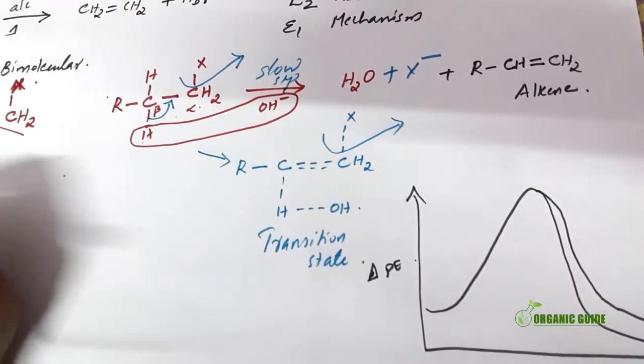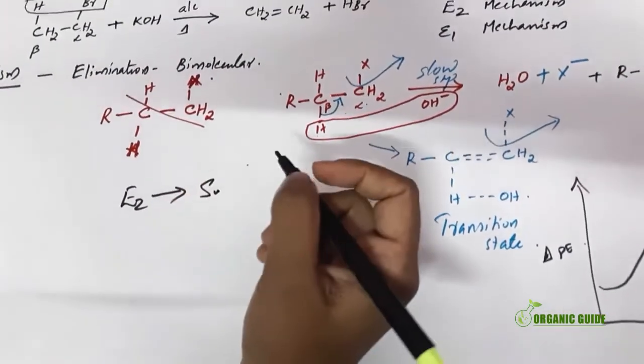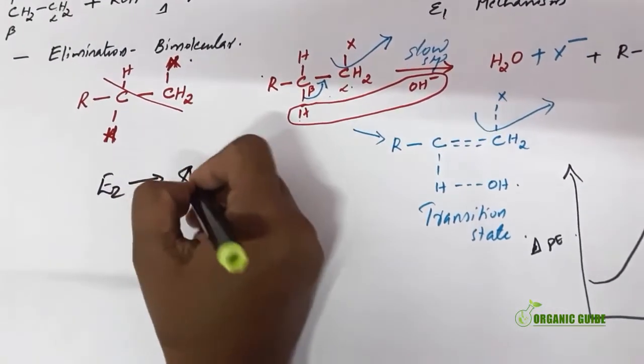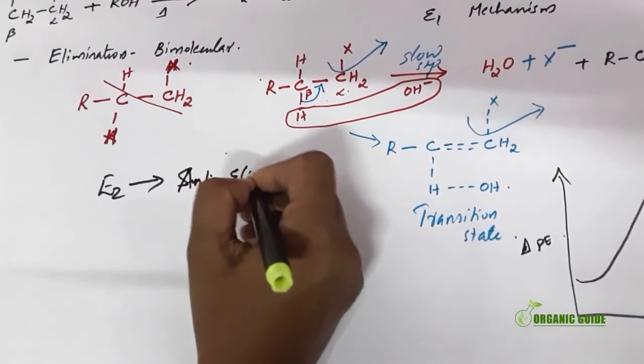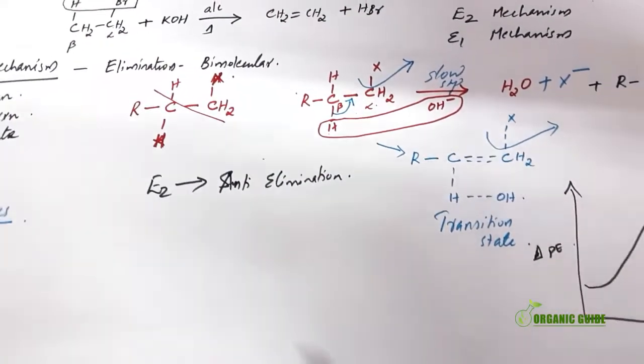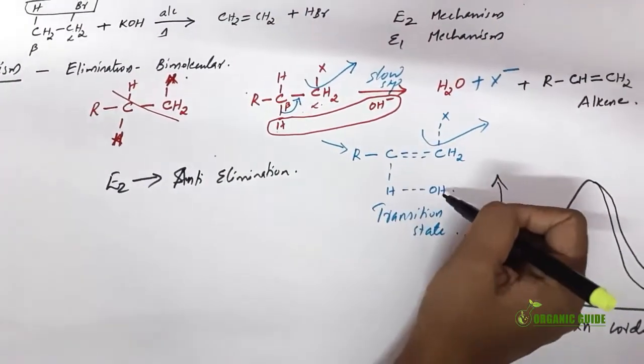E2 is also known as anti-elimination. In the transition state, please have a look at this transition state.